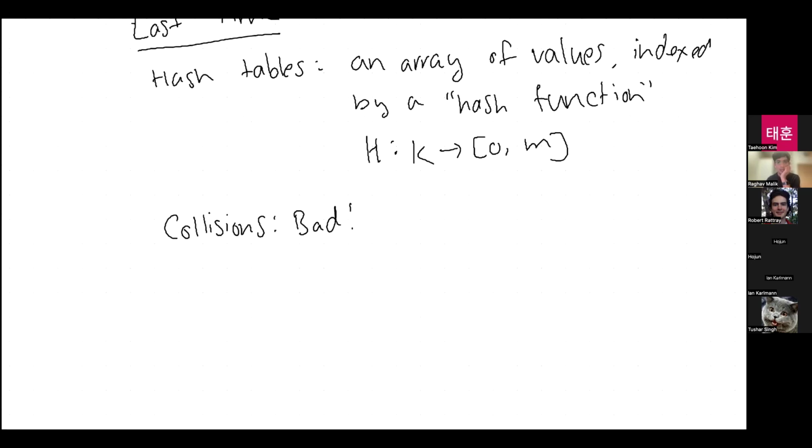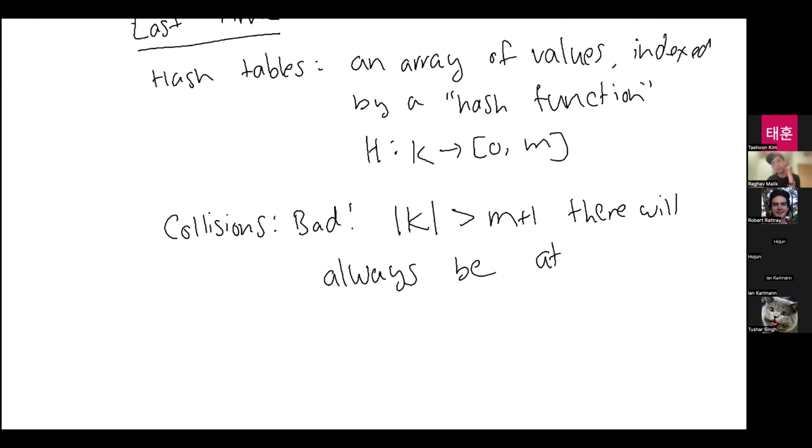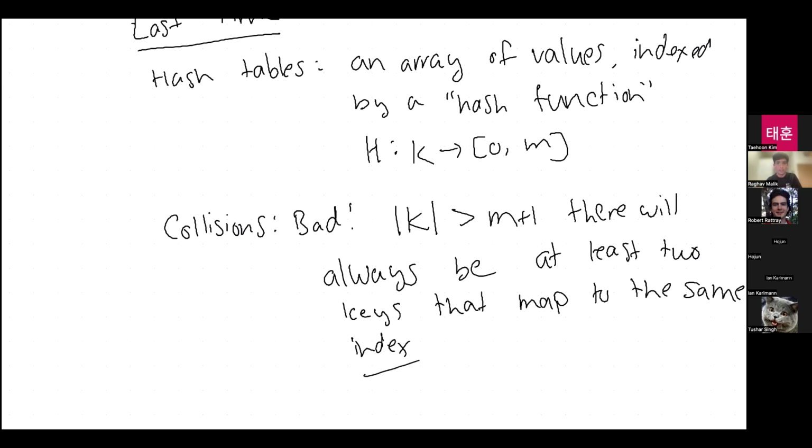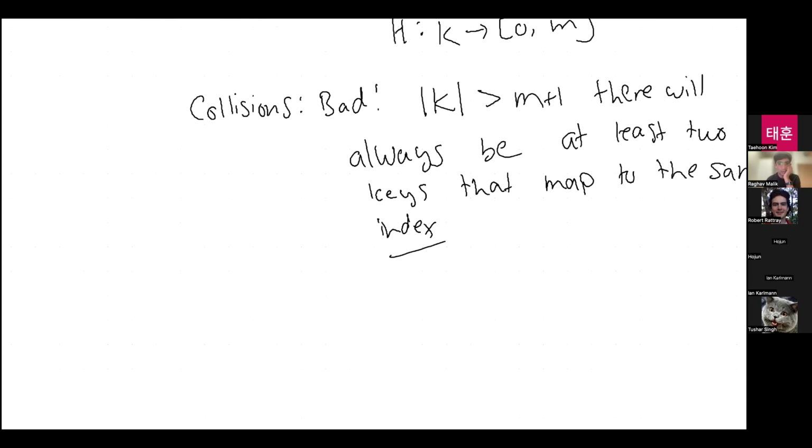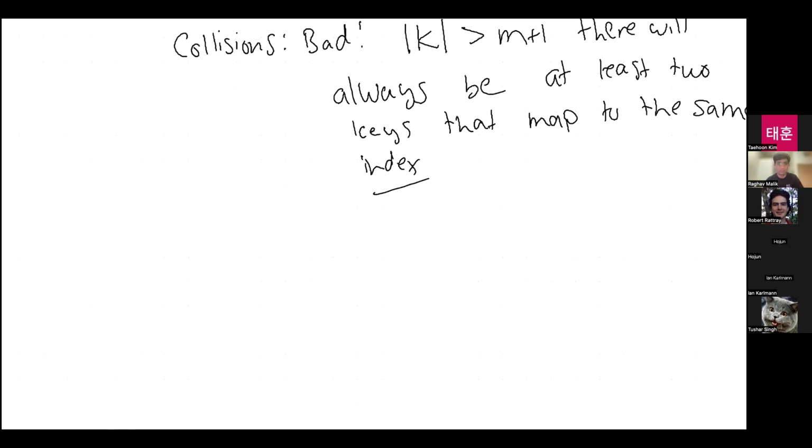Because in particular, anytime the size of the key space is greater than n, the size of the table, greater than n plus 1 because it's 0 indexed, there will always be at least 2 keys that map to the same index, right?